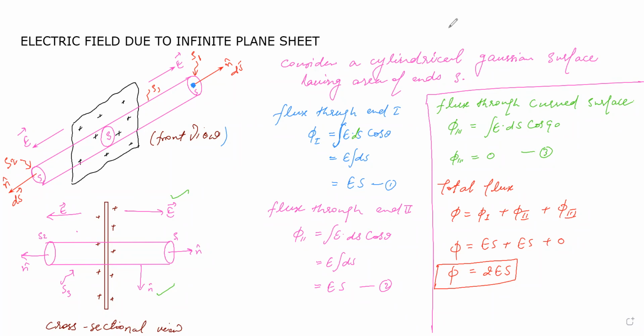Gauss law always calculates the flux, and with the help of flux, we can calculate electric field. So we can say Gauss law is a two-step process for the calculation of electric field. Without flux, Gauss law is not applicable. Note it down, please. It is always a two-step process. The first one is flux, and the second one is electric field.